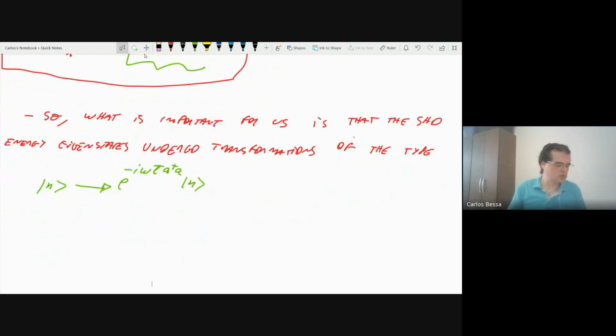And that's why we choose the system to evolve forward in time by intervals of t equal to pi over omega.